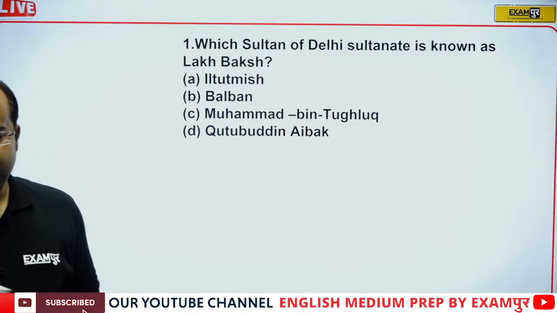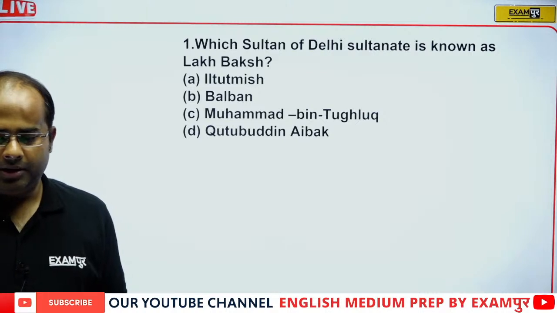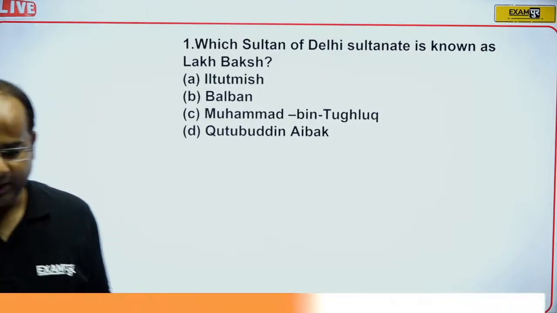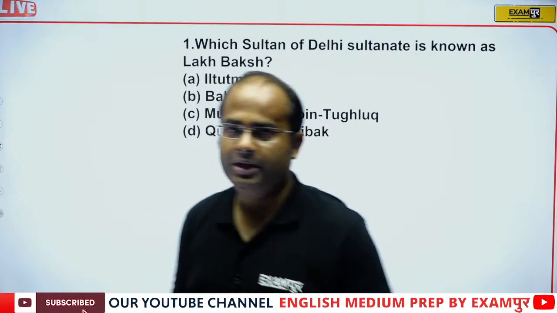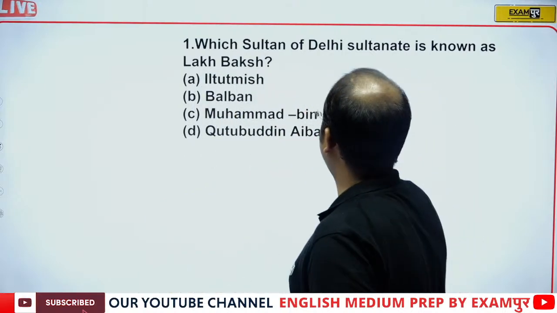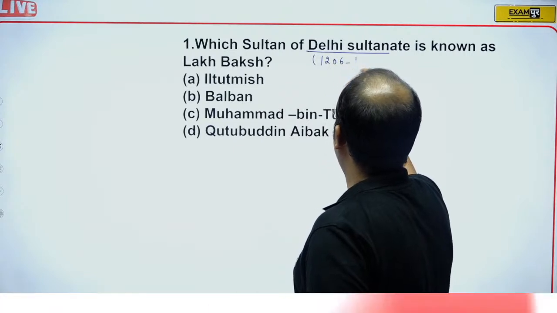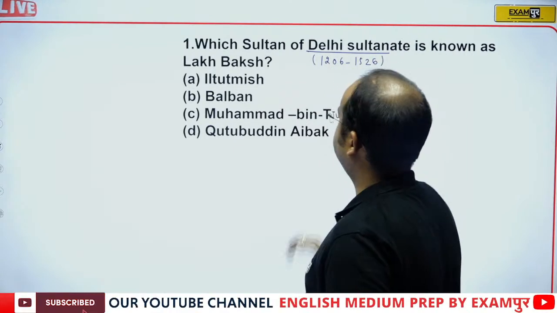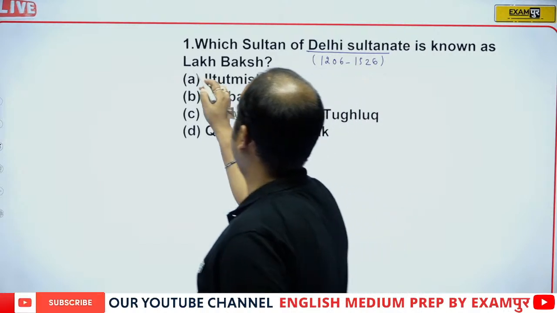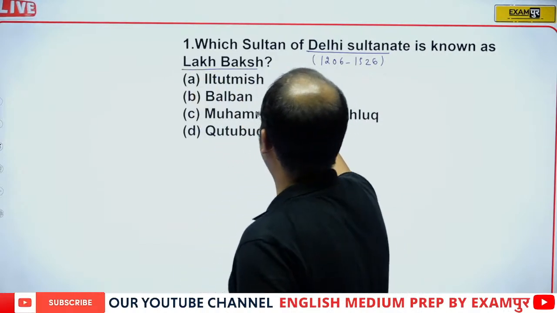Okay, let's see the correct answer. Guys, if I talk about the Delhi Sultanate, the overall time period is 1206 to 1526. Lakh Baksh means giver of lakhs.